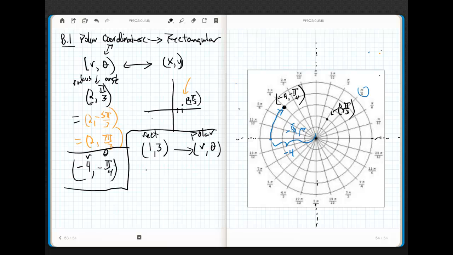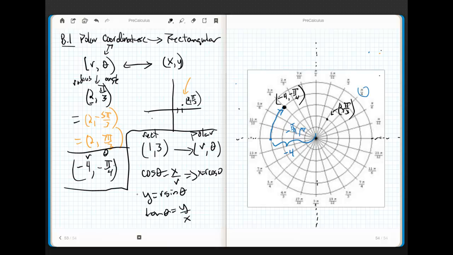Well, I know that cosine of theta, from what we dealt with before, was x over r, if I have a circle of radius r, which implies that x equals r cos theta, right? Similarly, don't I know that y is equal to r sine theta? True. I know that tangent of theta is equal to y over x.